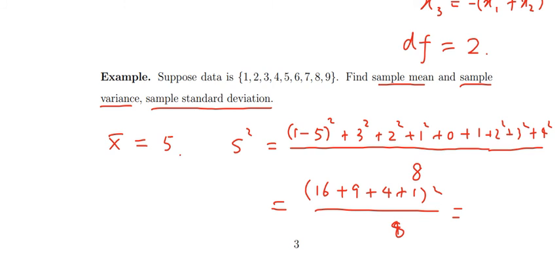So this equals 30, also cancel the 2, 30 over 4, or 15 over 2. Anyway, 15 over 2, just a simple calculation. So 15 over 2 is 7.5, right? So 7.5 is the sample variance. Then the sample standard deviation equals its square root.